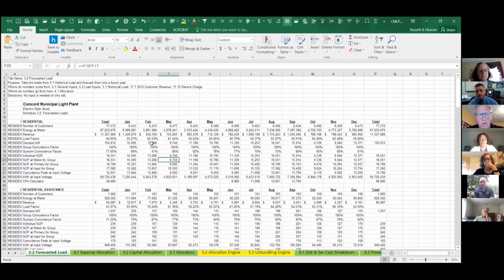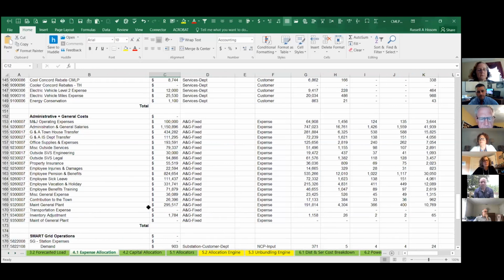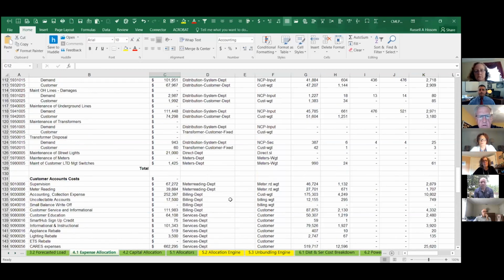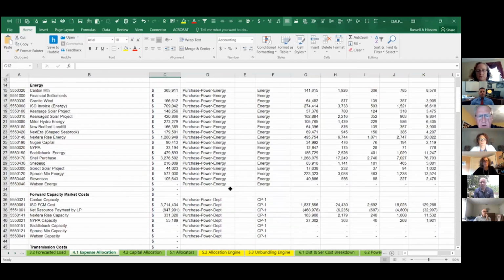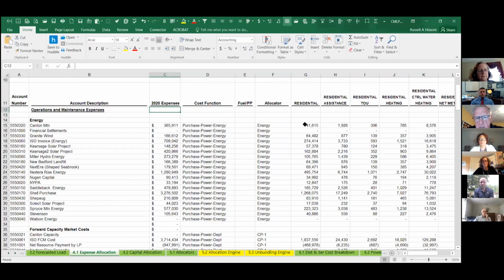We call that non-coincident peak, and things like that. So all these are factored in, using these allocation tools that factor those variables together to come up with what their piece of this particular line item should be.